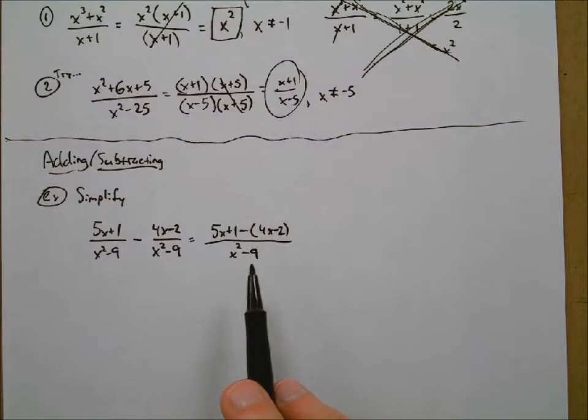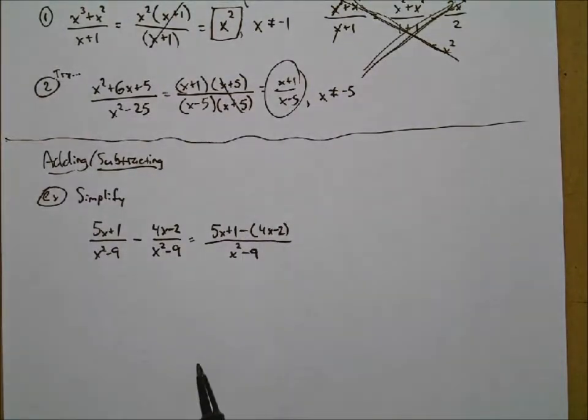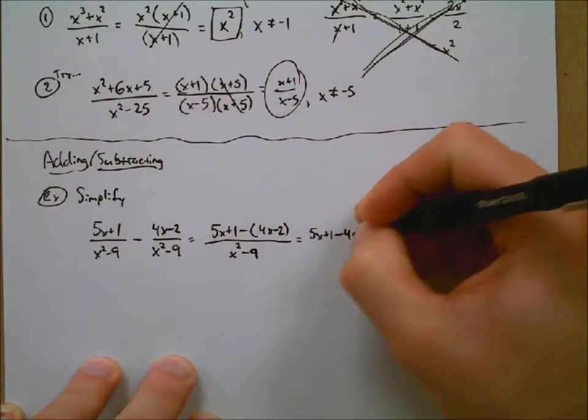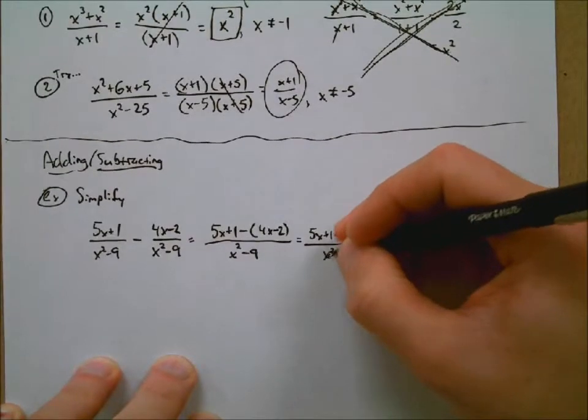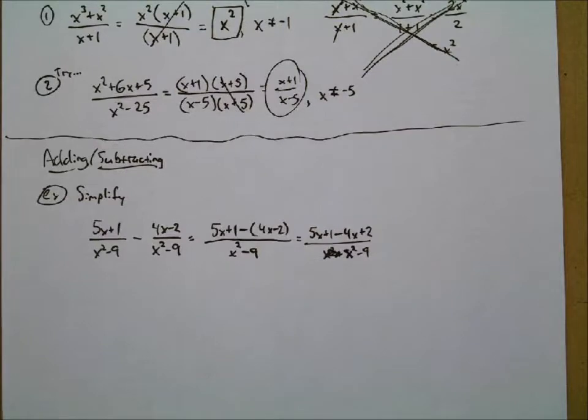I'm going to leave the 5x plus 1, but then subtract the quantity 4x minus 2. That minus sign distributes both to the 4x and to the negative 2. So it really becomes 5x plus 1 minus 4x plus 2 over x squared minus 9. Okay? So do be careful with that.